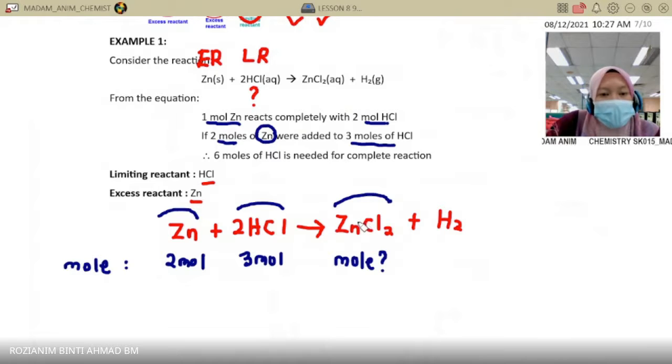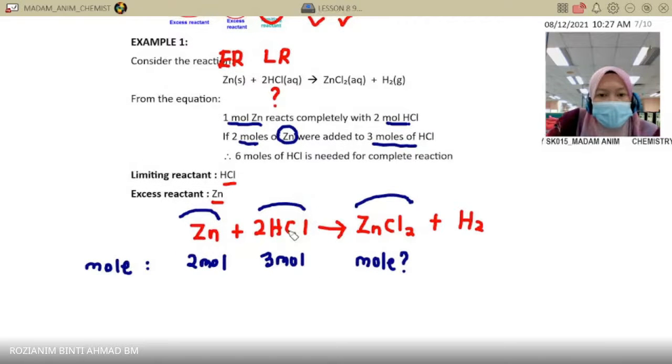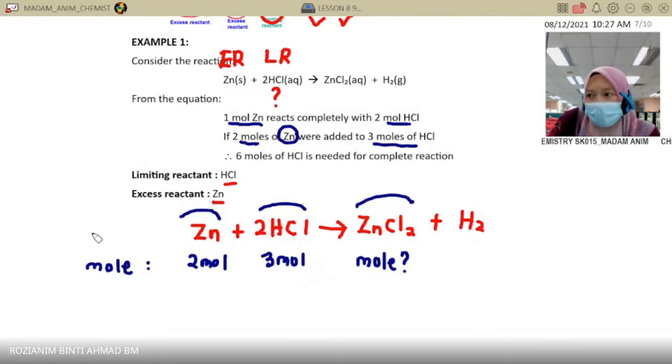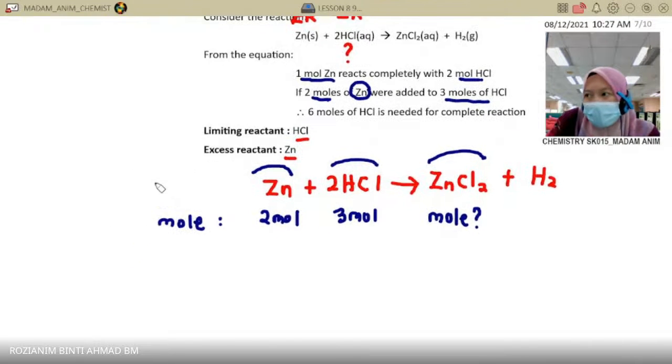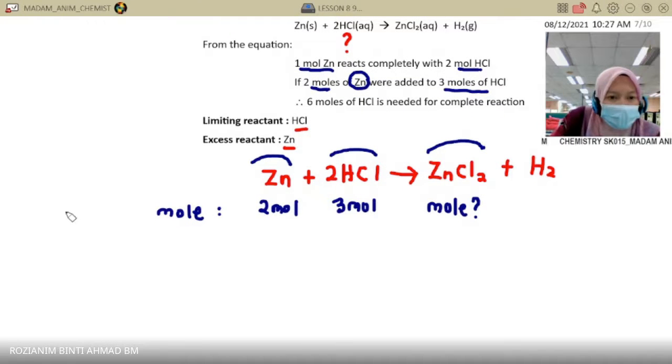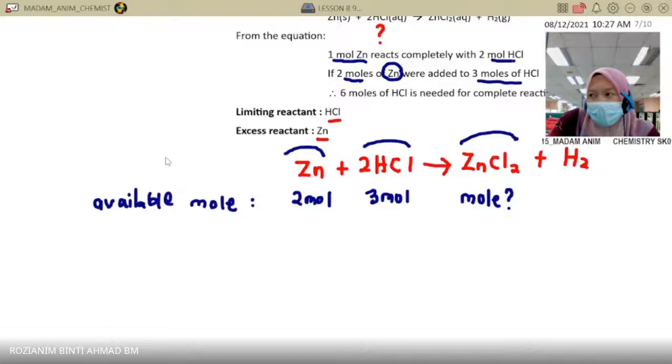Itulah kita panggil dia limiting reactant. So what should you do first? Okay. So daripada soalan, kita akan trace this mole as a available mole. Mol yang diberikan dalam soalan, inilah kita clarify dia sebagai available mol. Mol yang telah diberikan.